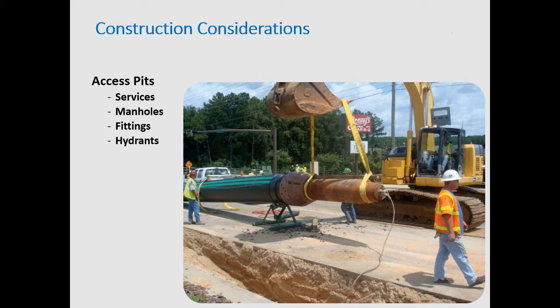So access pits, depending on what type of pipe you're fixing, is going to dictate where you go and what type of access pits and where they're going to be. For sewers, you're going to be accessing at manholes and at the service connections. Unfortunately, this is a technology that once it goes through, you have to reconnect any services. So you're going to be doing more excavations for those, but you've minimized it.